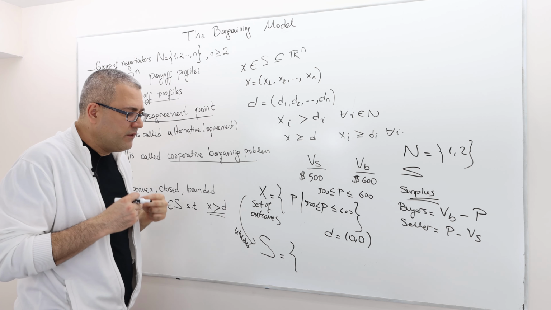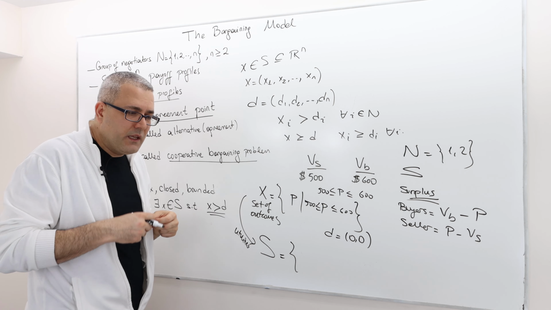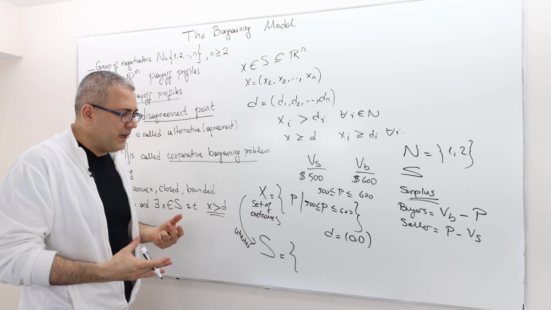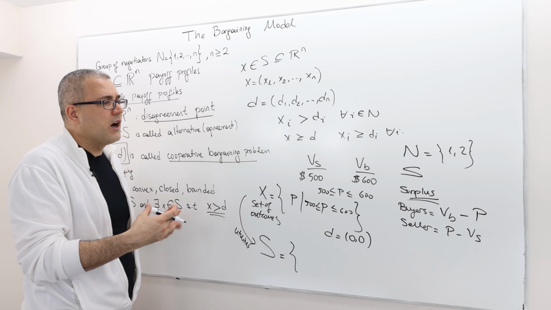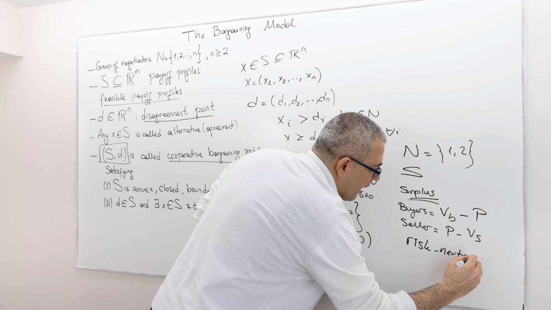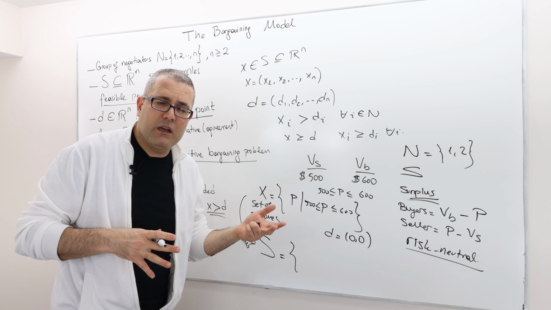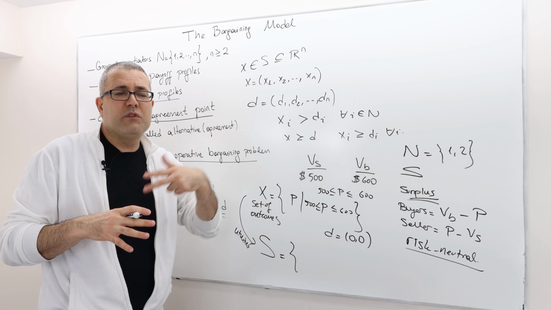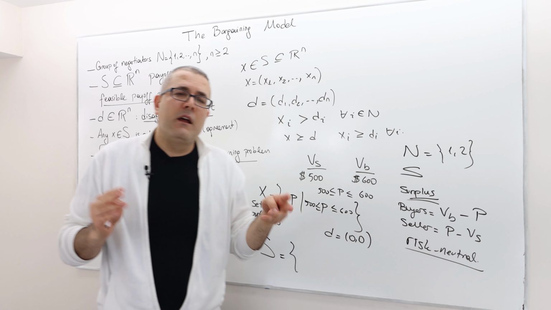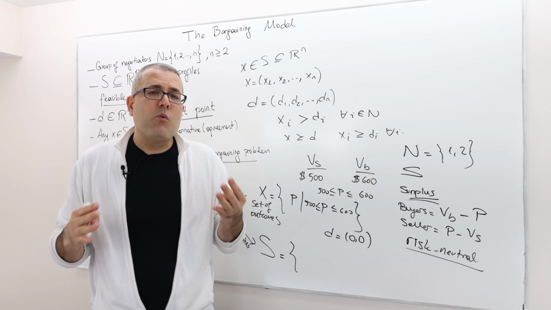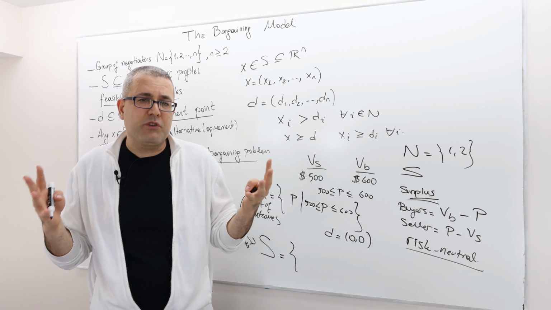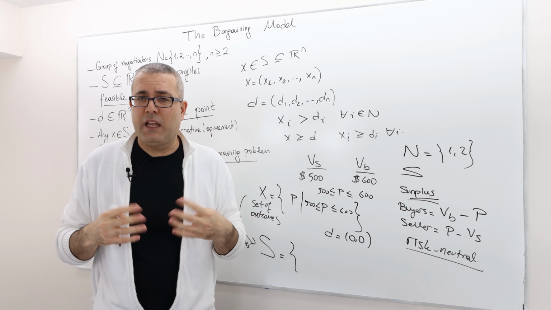Now I need to specify what the utilities are. For simplicity in this example, I'm going to assume that players are risk neutral. Later, I am going to give some other examples where we talk about risk averse negotiators, for example. But when the agents are risk neutral, that means if I receive a surplus of 100, it means a utility level of 100.